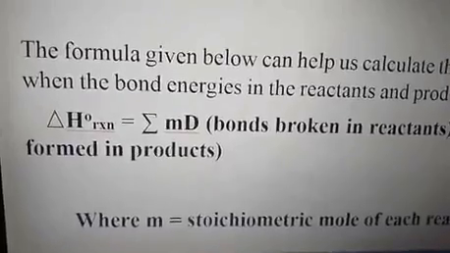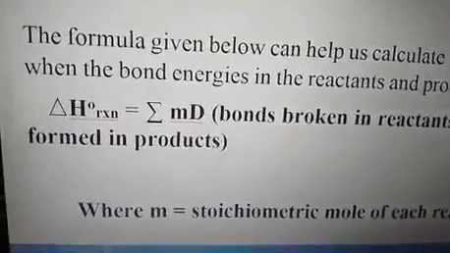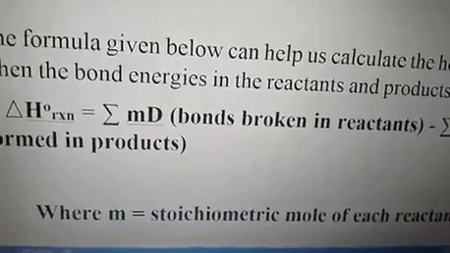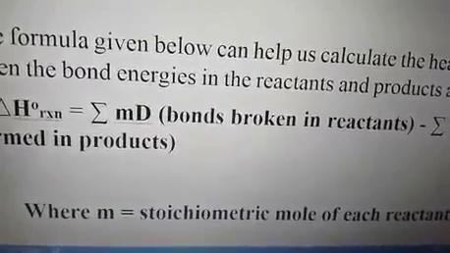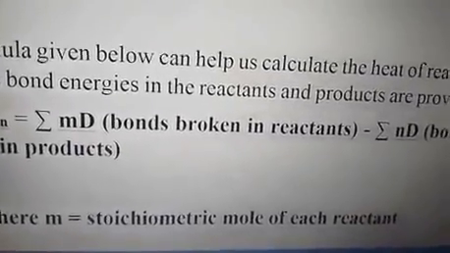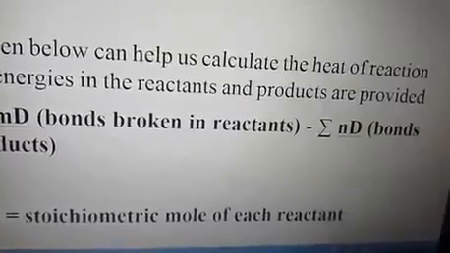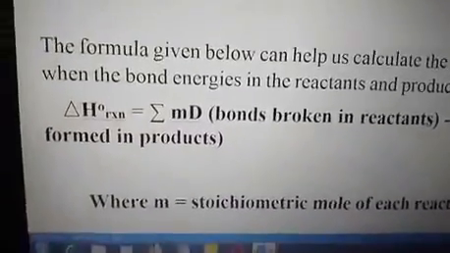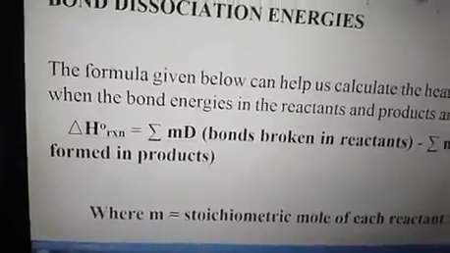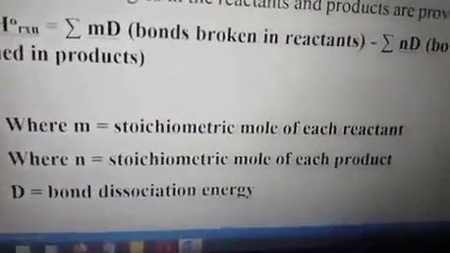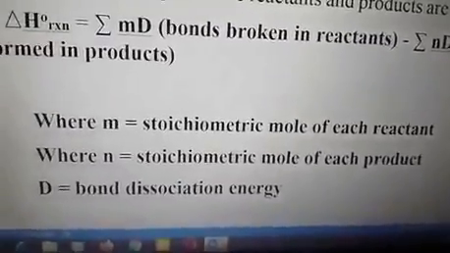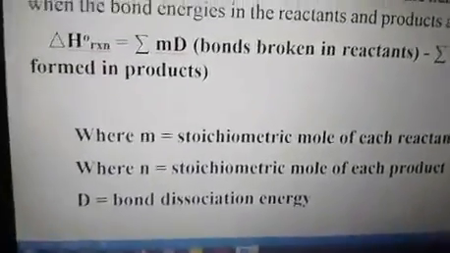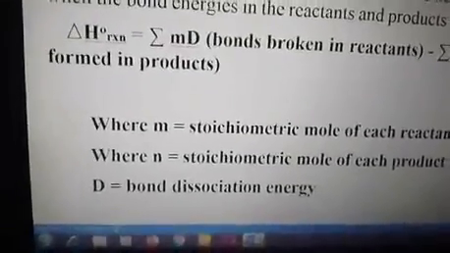This is the formula to calculate the heat of reaction, where capital M is the stoichiometric mole of each reactant, small n is the stoichiometric mole of each product, and capital D represents the bond energy.